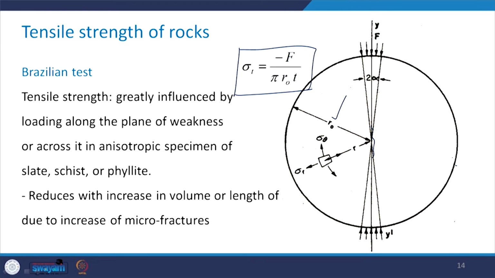Again, if you increase the volume of the specimen or the length of the specimen, the tensile strength is going to reduce. The reason is the same as it was for the case of the compressive strength. When we have a large volume or a large length, the number of microfractures is more, and therefore they have a weakening effect on the specimen.